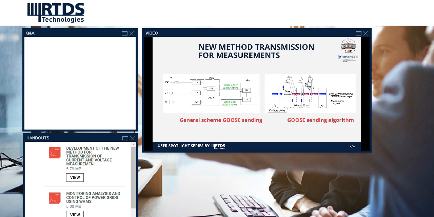When the fault detector is triggered, the logic unit calculates current and voltage phasors using a buffer of instantaneous values. Generation of the GOOSE message occurs as long as the fault detector in the logic unit registers the presence of an emergency situation.